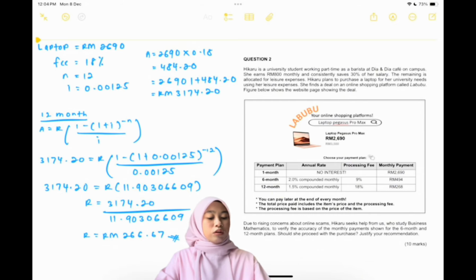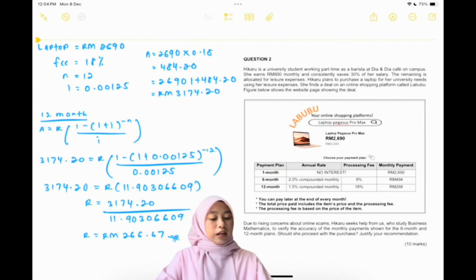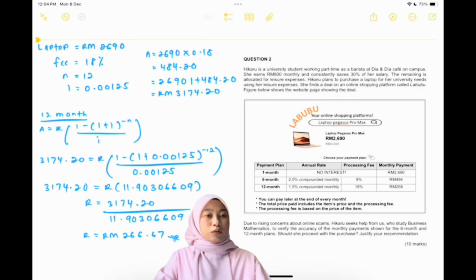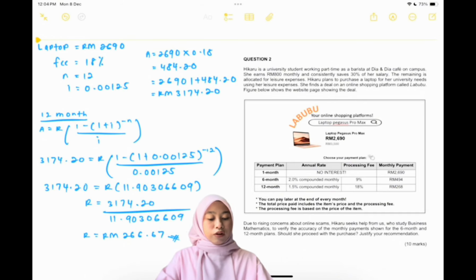After that, we need to write a formula and substitute into the formula. 3,174.20 equals R bracket 1 minus bracket 1 plus 0.00125 power negative 12, and the final answer is RM266.67.